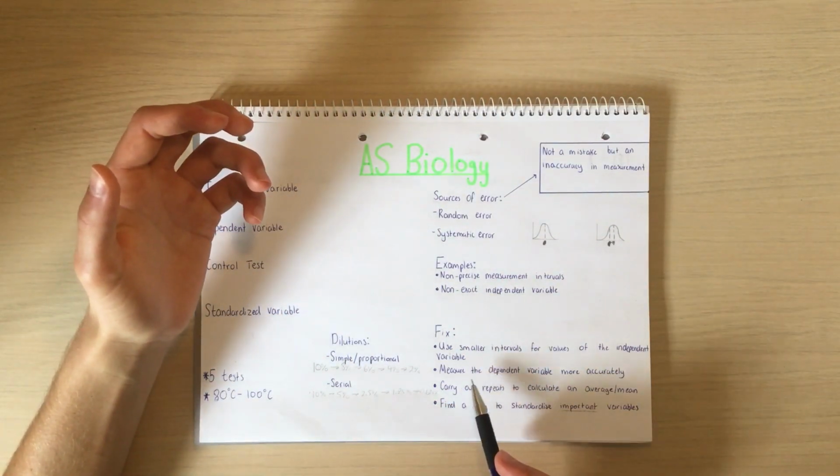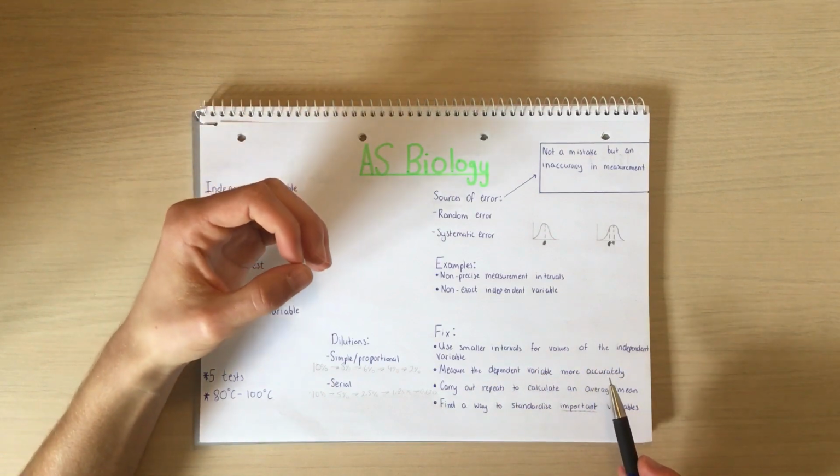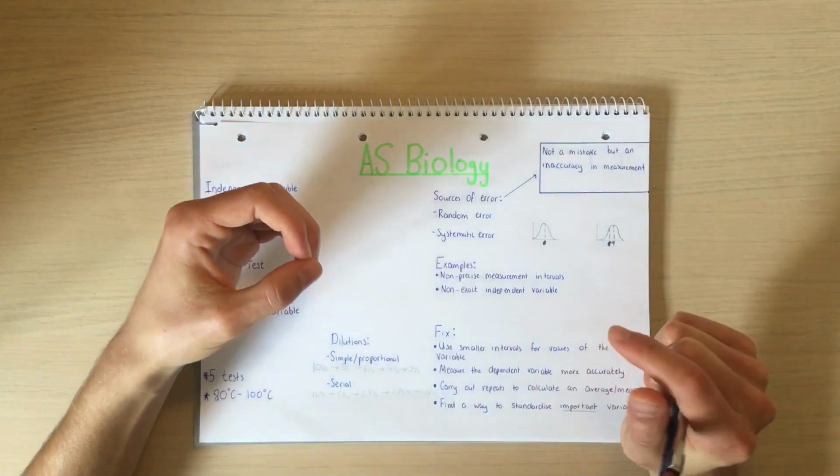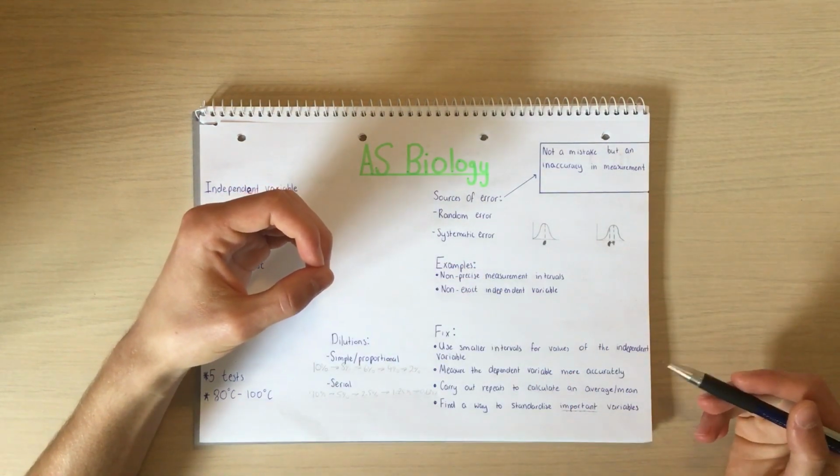So a better way to measure the dependent variable is to measure the amount of solution required to make that color change occur, right?